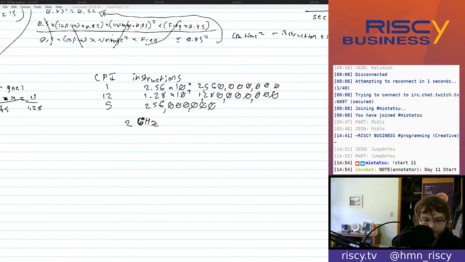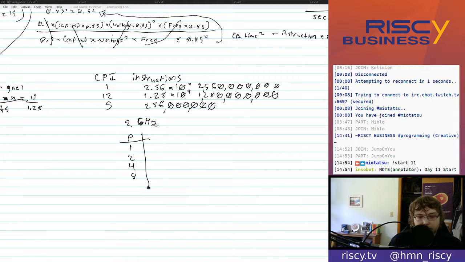So, find the total execution time. First of all, let's just do a single core, because they say we need to find it on 1, 2, 4, and 8. So those are the ones we need to find time for.